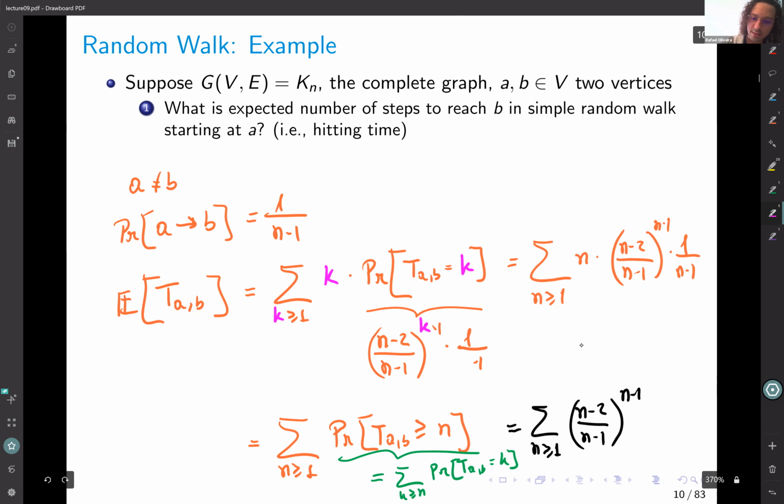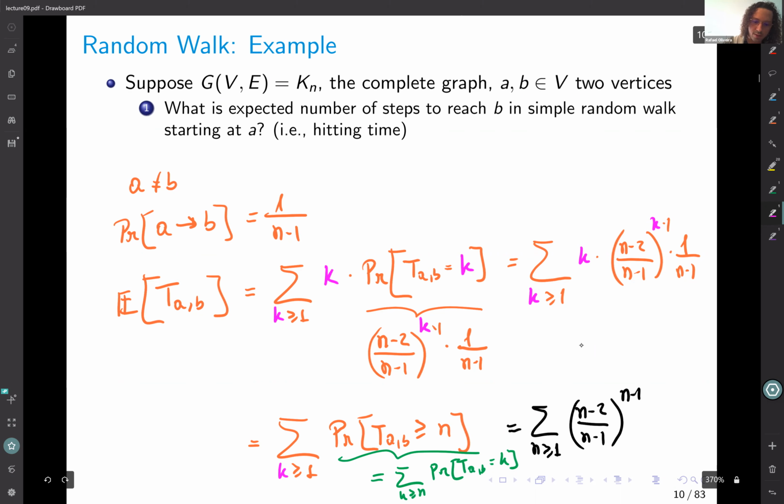Sorry, the last one was n-1. So let me fix this right now. Because the sum is over k, and then k-1, and the probabilities involve n, right? Does that make sense?